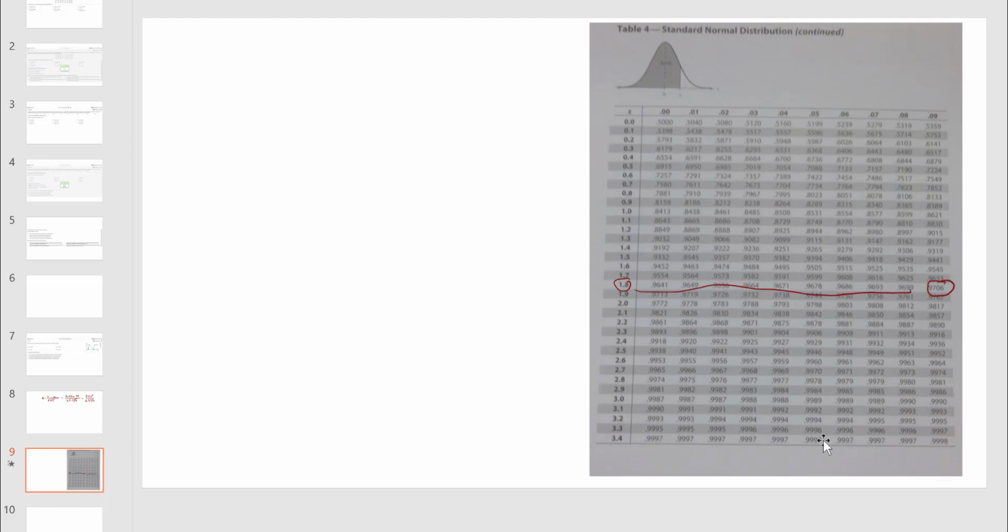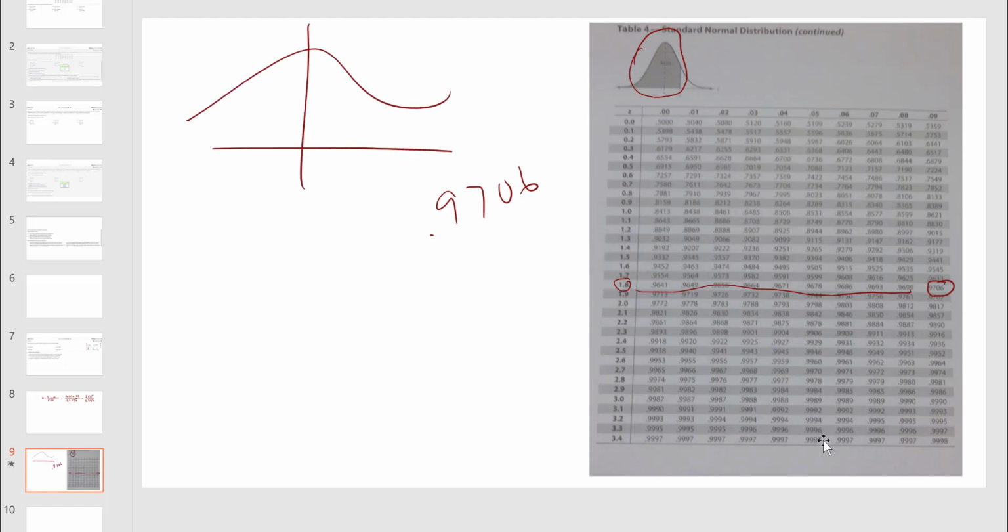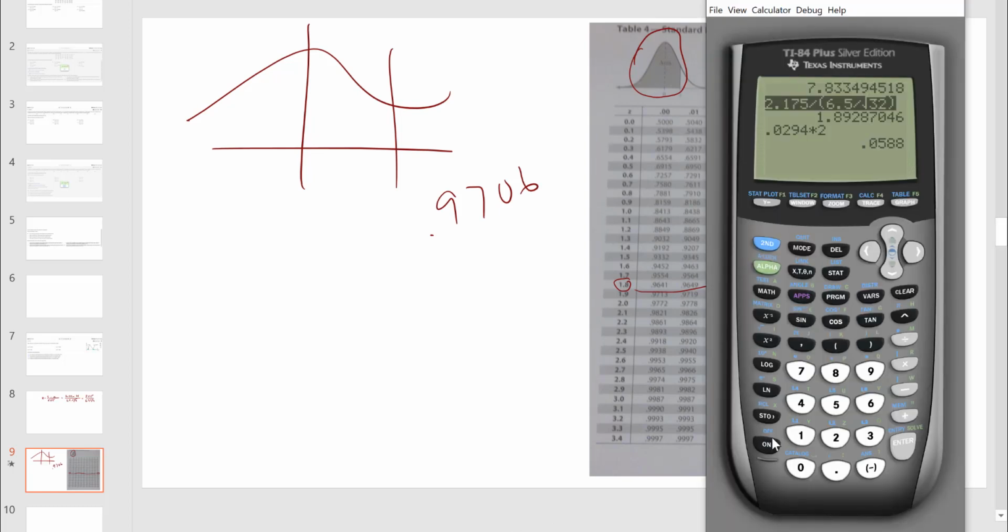And that's what I got, 0.9706. That's the area inside here. So it's the one tail past the middle, and what we want is the leftovers out of this. So if you subtract this from 1, let me maybe do that on the calculator here. I'm not sure if I had that done or not here.